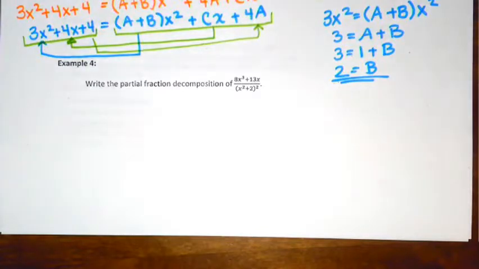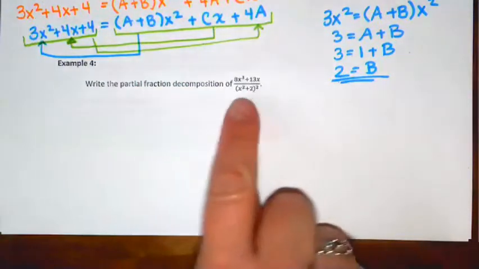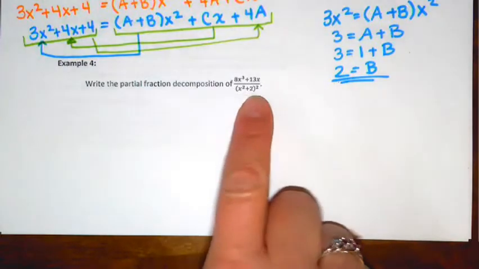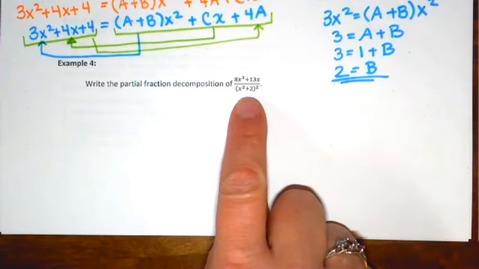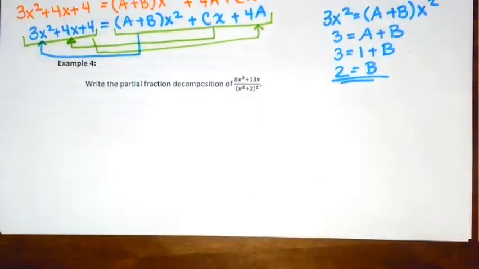So again, first thing, is my numerator degree greater than my denominator degree? No, it's not. Because remember, x squared plus 2, squared, doesn't that mean x squared plus 2 times x squared plus 2? And when you FOIL it, don't you get x to the 4th?